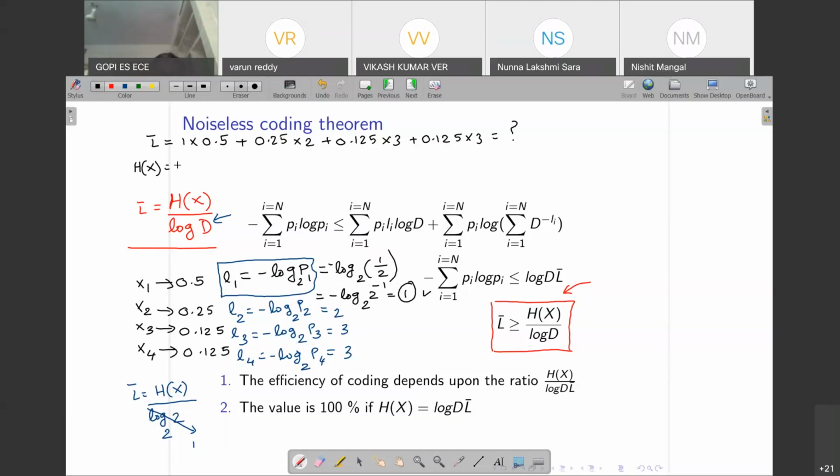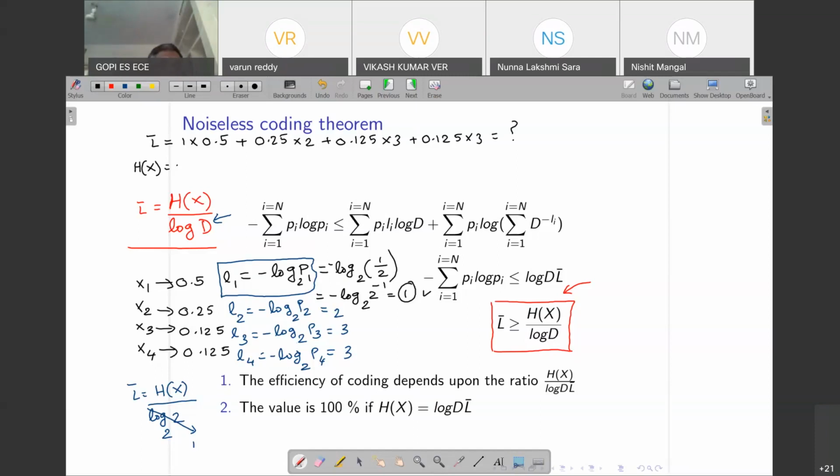So what is this value? You see that, right? I can bring this minus here, and I put this one.